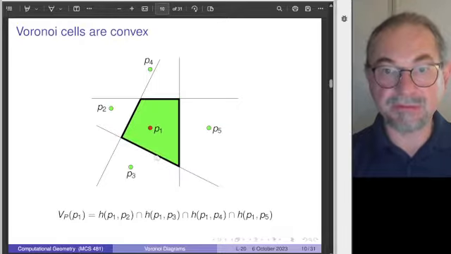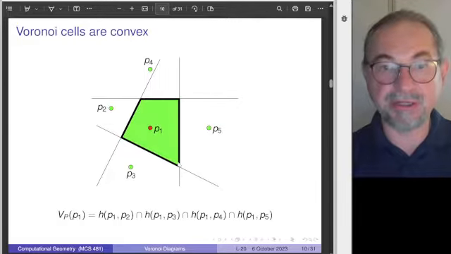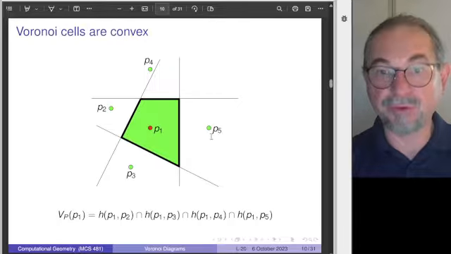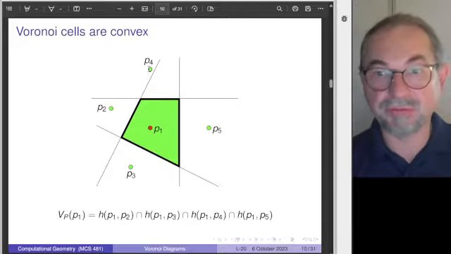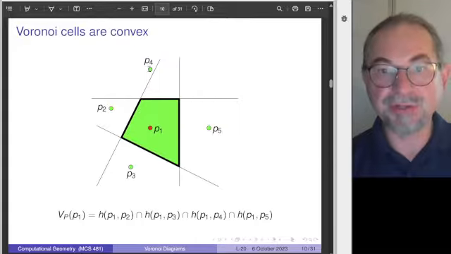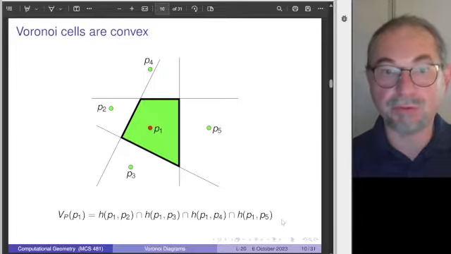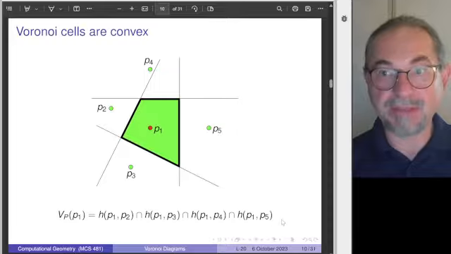This intersection is shaded here in green. I could also get the Voronoi cell for P5 in this way. Or not really, I have not drawn sufficiently many bisectors. I would need to also draw the bisector that separates P4 and P5. But you see, computing one Voronoi diagram consists of computing all the bisectors and then intersecting all the half planes.